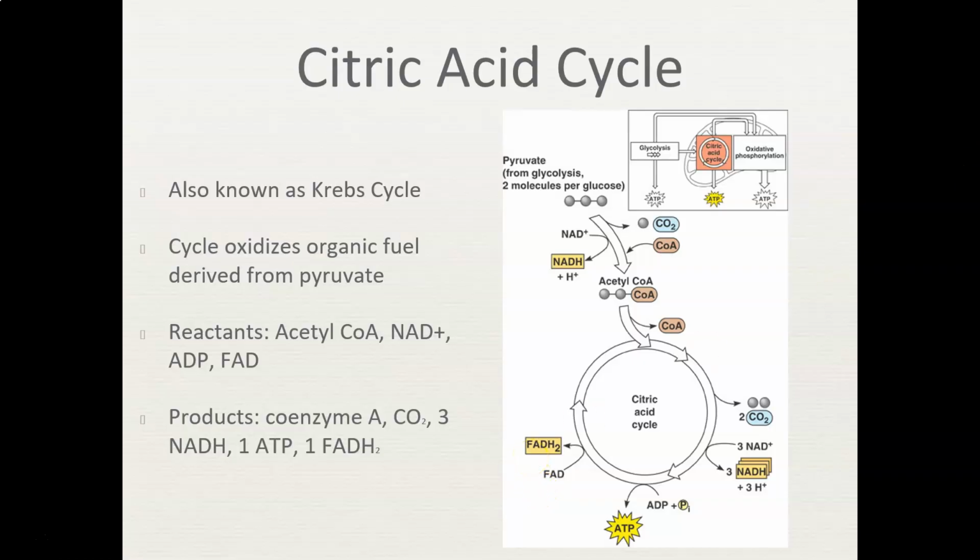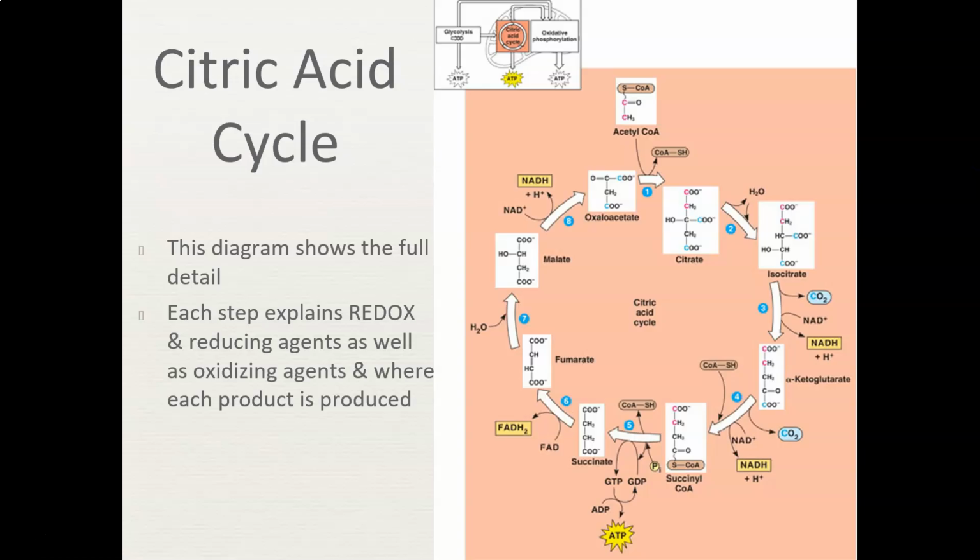So this shows the full process, all of the intermediary molecules that get made, where things come in and come out. You can see we use some coenzymes here again as well, where the ATP comes out.